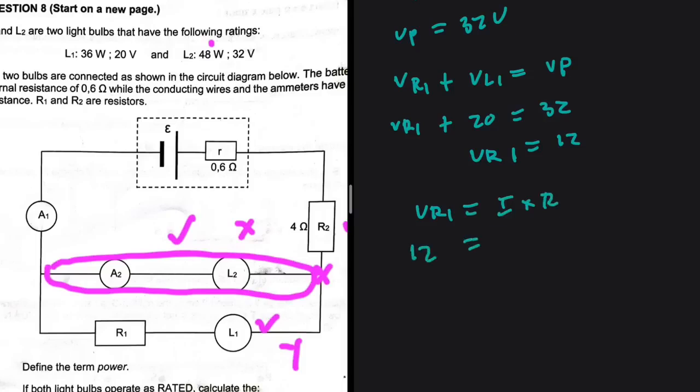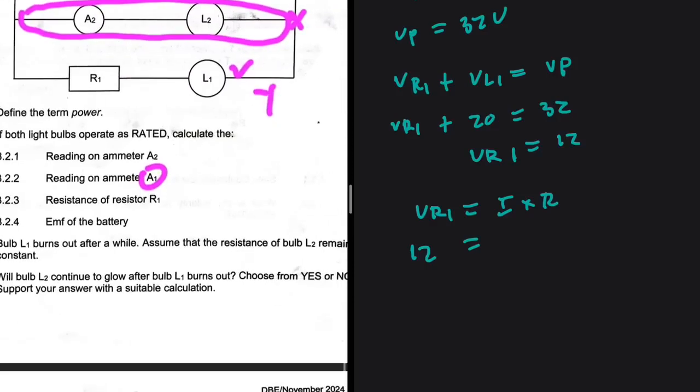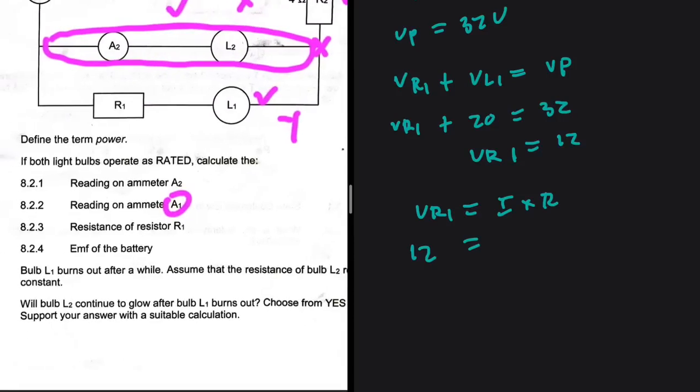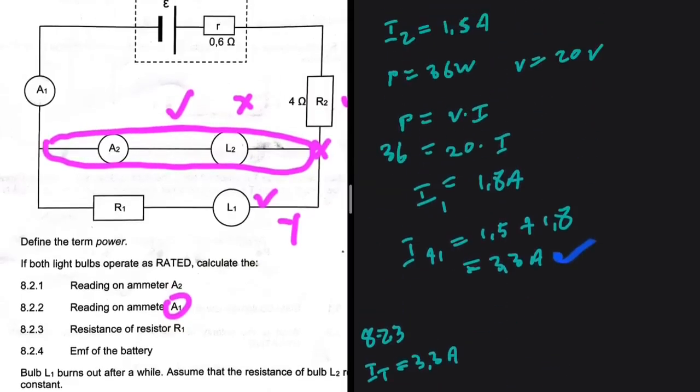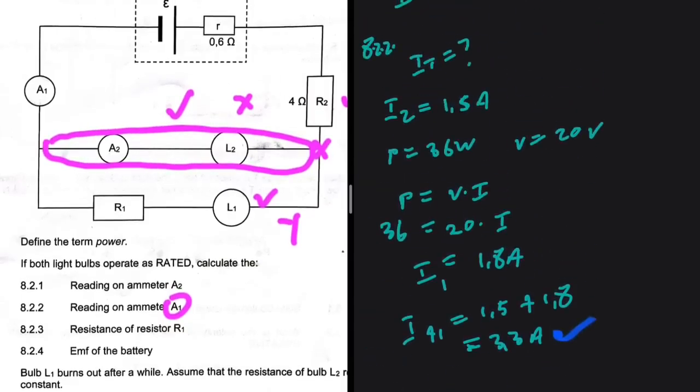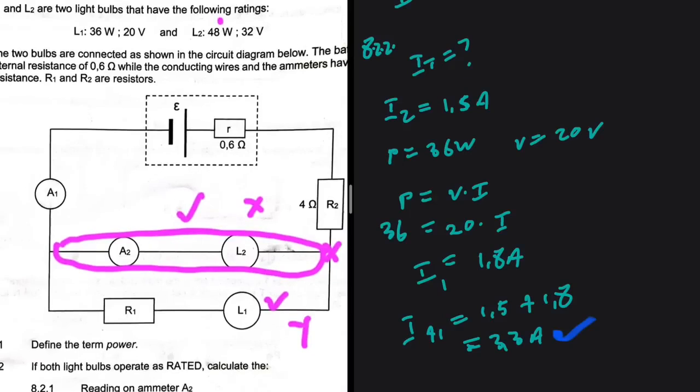We know the current that passes through R1. We calculated it in 8.2.2. It is, so let me check, 36 for R1, for L1, and then 20 volts.